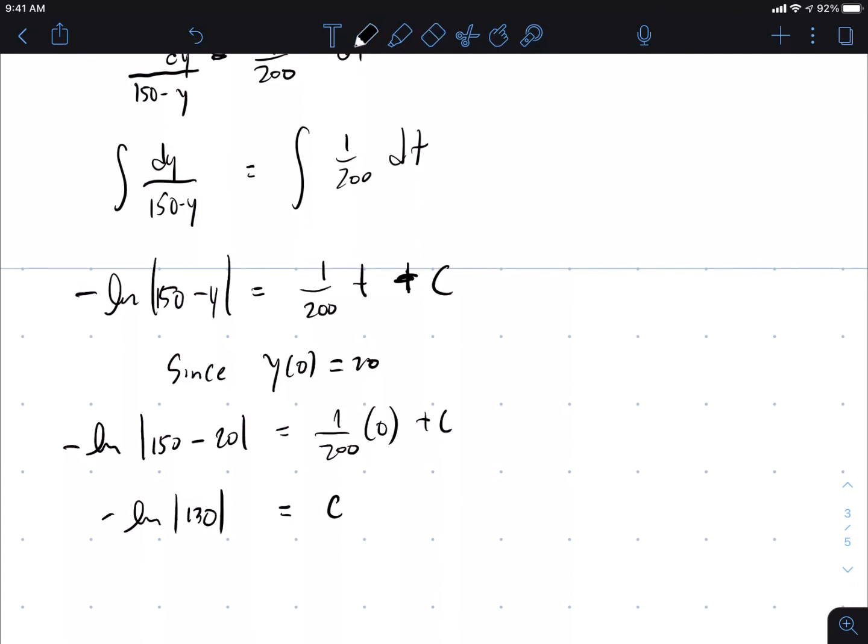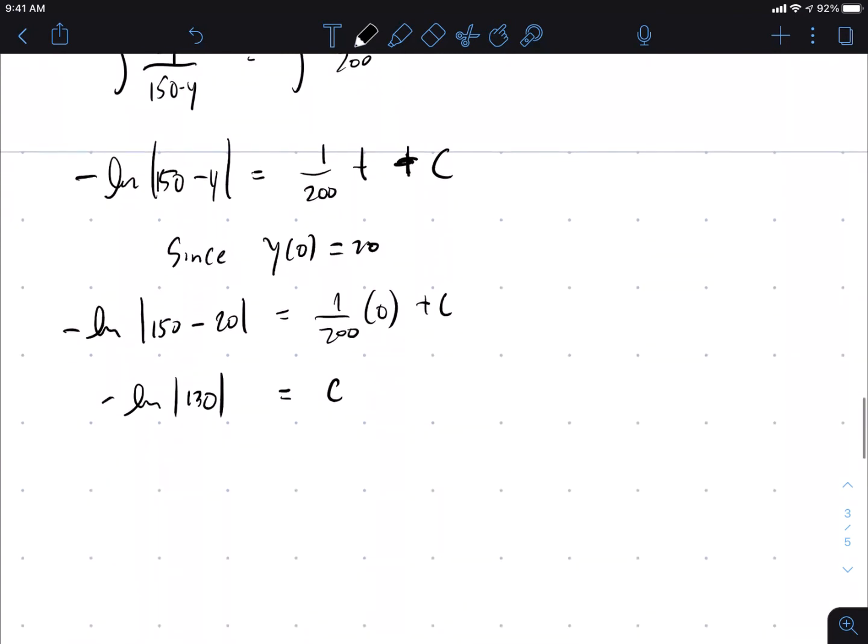Okay, so now we know what C is, and let's see what we can do with that. So going back to the equation, we're going to get negative ln of 150 minus y is equal to 1 over 200 t minus ln of 130. Agreed?